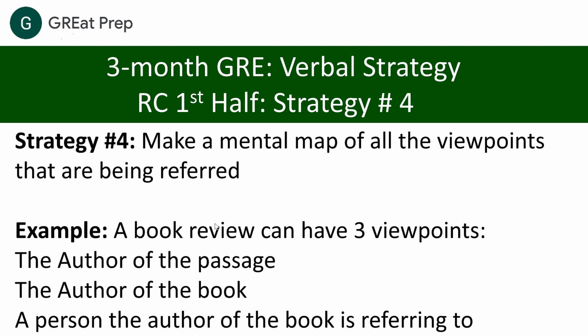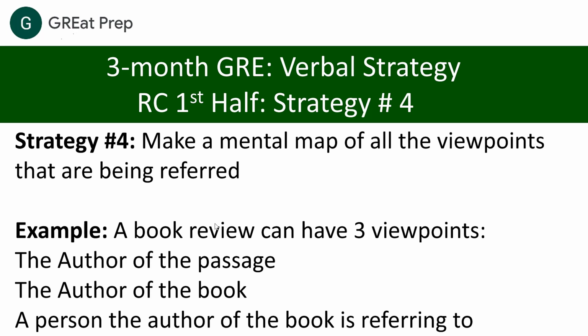So essentially, at this point, you can see that if you lose track of who is whom and who is referring to whom, you will find that when you see the questions on the GRE relating to this passage, you will be wasting precious time trying to track who exactly that question is referring to.